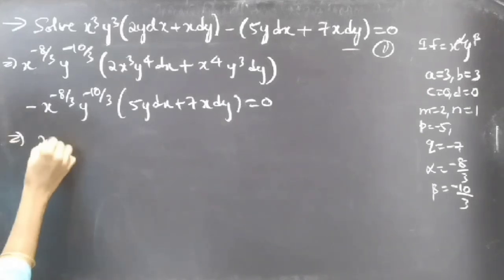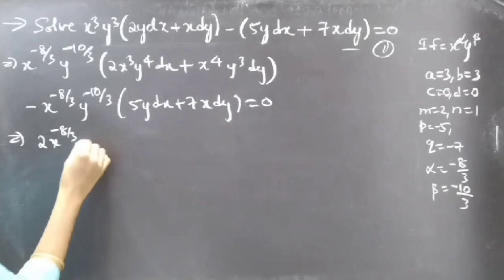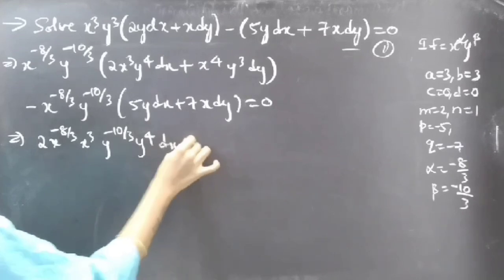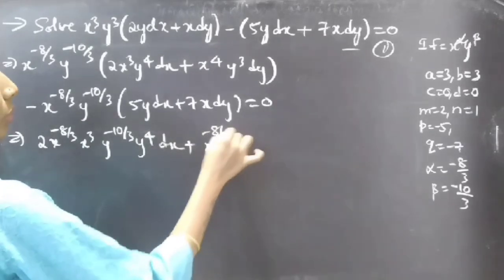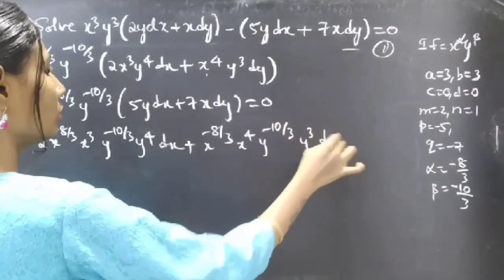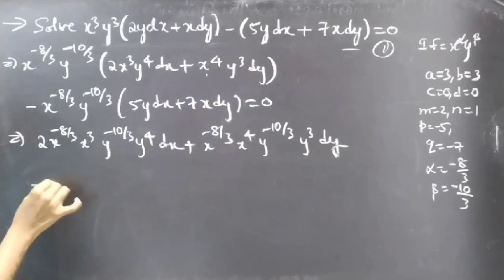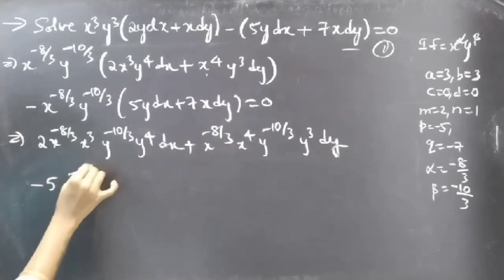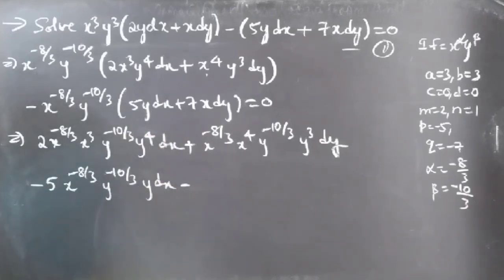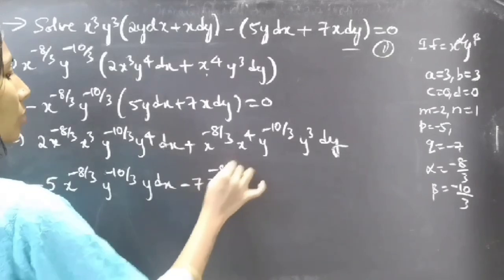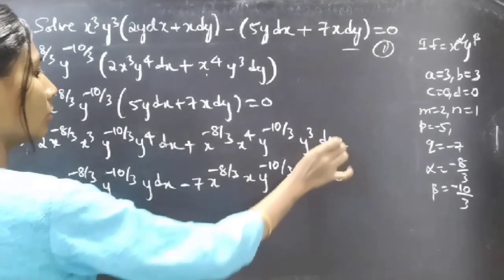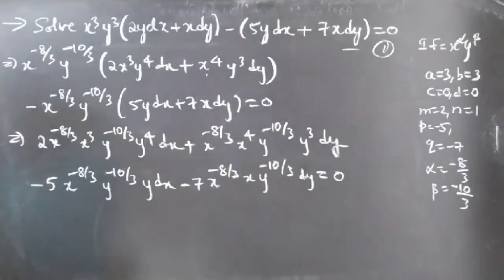This gives us 2 x power minus 8 by 3 into x cube y power minus 10 by 3 y power 4 into dx plus x power minus 8 by 3 into x power 4 y power minus 10 by 3 into y cube dy minus 5 into x power minus 8 by 3 y power minus 10 by 3 into y dx minus 7 into x power minus 8 by 3 into x y power minus 10 by 3 into y into dy equal to 0, right?